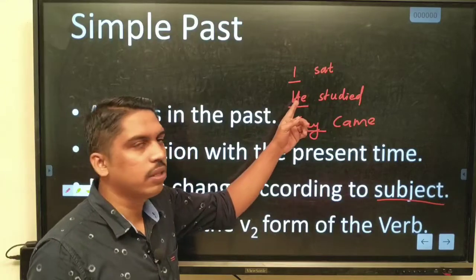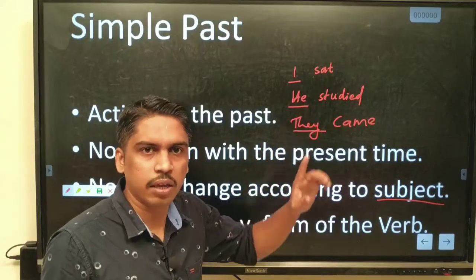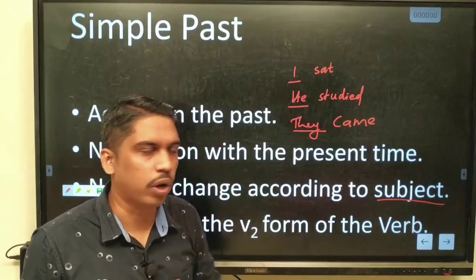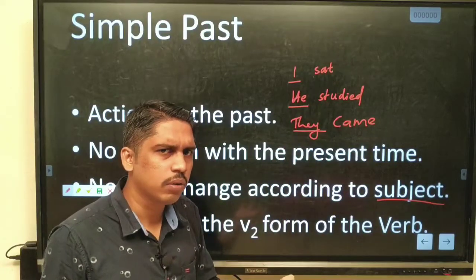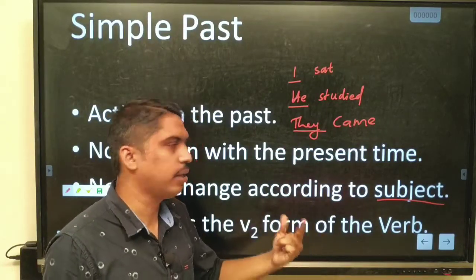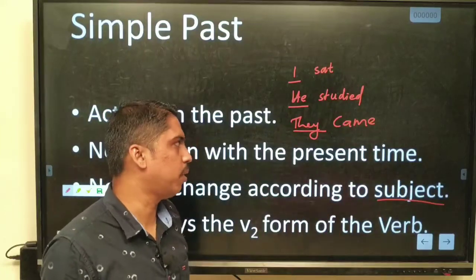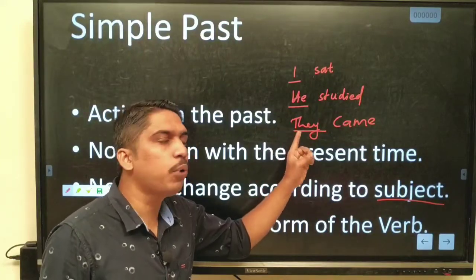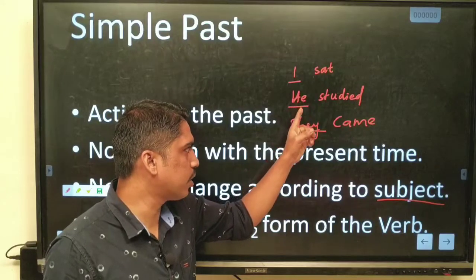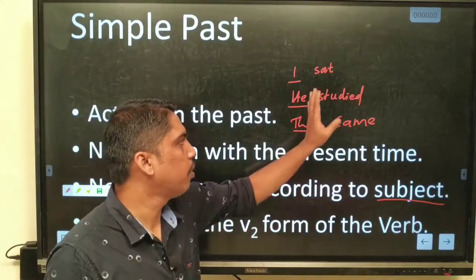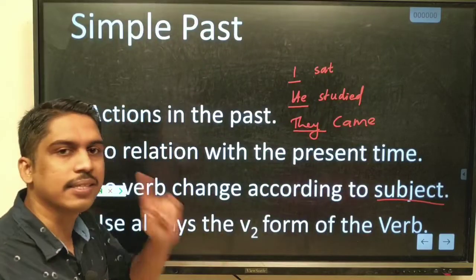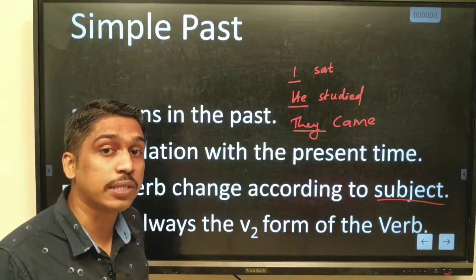And here the subject is singular. He, only one person. It is singular. And here they. Is they singular? No, it is plural. It refers to more than one person. So here it is a singular subject and here it is a plural subject. But with both of them, the verbs will be the same, and which verb is used in simple past tense?